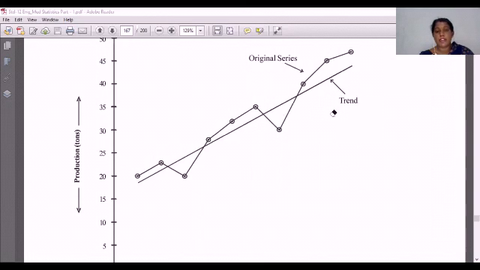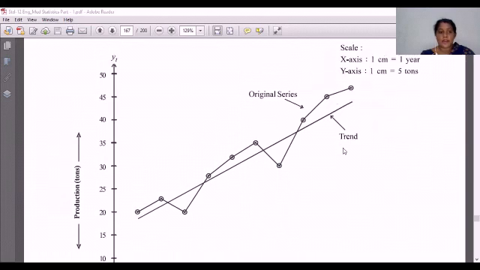That is one important thing. Then you have to give names to the lines: here see, original series and the trend line. This also you have to mention. So this is the way you have to draw your graph.